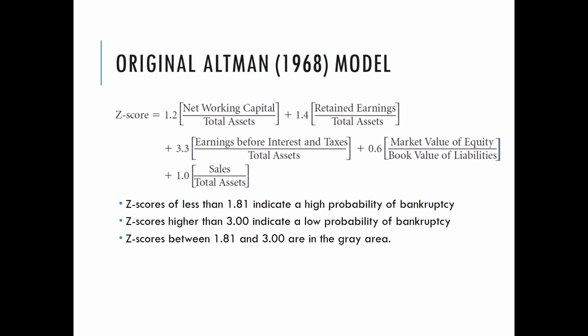Sales divided by total assets might be like 200% on average, so it's going to be 2, whereas earnings before interest and tax divided by total assets might be 10% on average. So they're vastly different numbers. This one is not necessarily 3.3 times more important. It can actually be less important once you consider the normal range for that particular ratio.